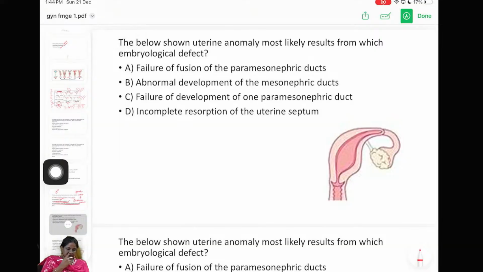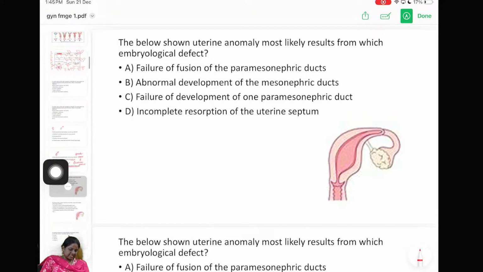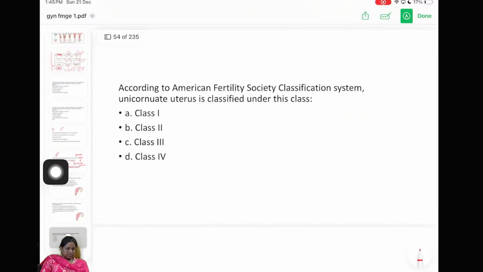What is this? What type of uterus? Very good. Okay, so what is the result? Why does it result? Very good. Yes, yes, good. Unicornuate uterus, what is the class?